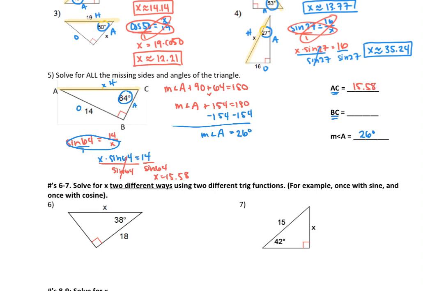Now I'm going to solve for BC, which I'll go ahead and call Y. So again, I'm going to use my 64-degree angle as my reference angle. This time we're solving for the adjacent side, and we have the opposite side. So OA is tan. So I'm going to do tan 64 equals 14 over Y, and cross multiply.